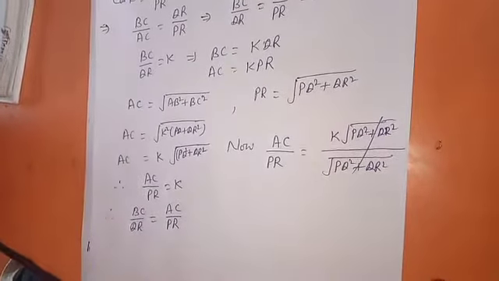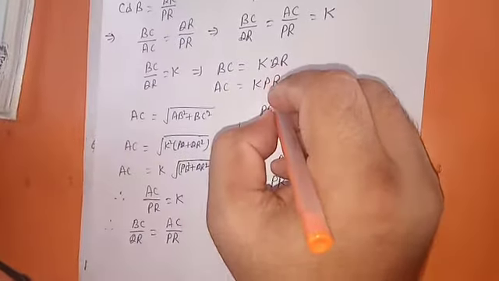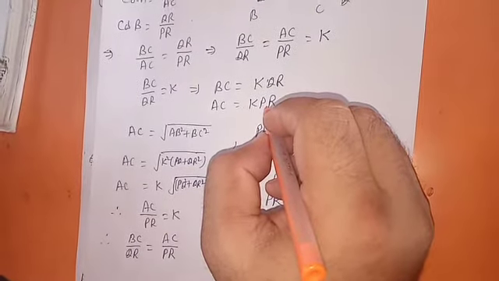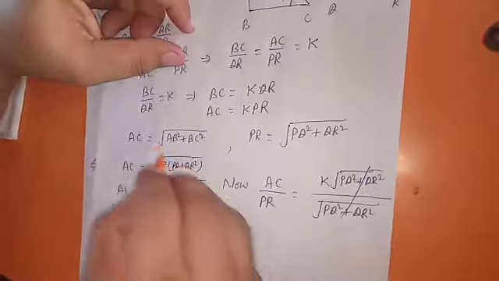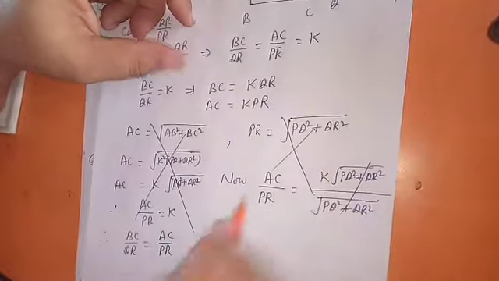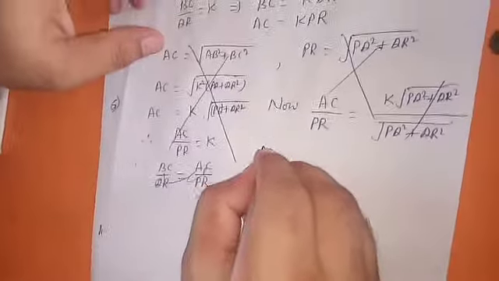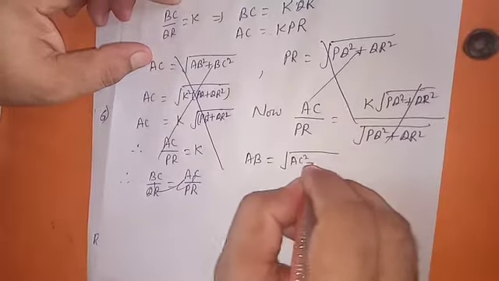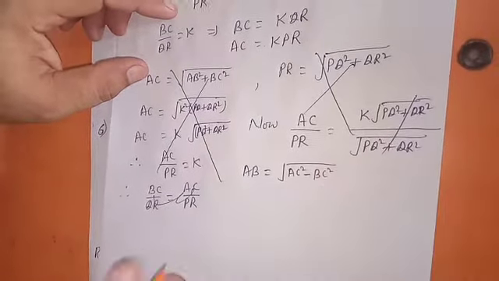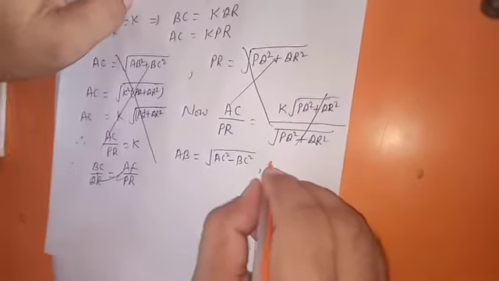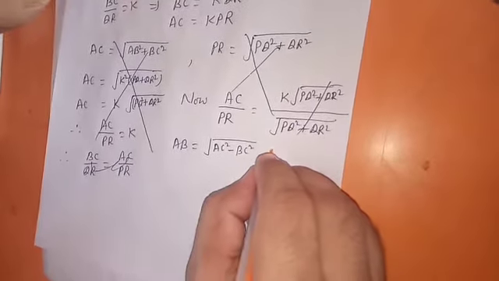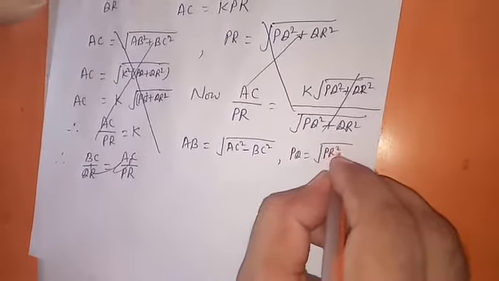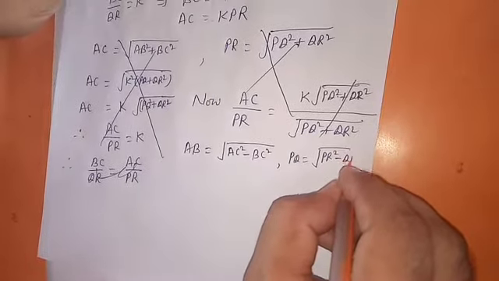Sorry, I wrote this wrongly. AC is already given, so what we have to find out is AB in place of this. Sorry, again I am telling this: AB we have to find out. So AB is equal to the root of AC square minus BC square. Understood? And PQ is equal to the root of PR square minus QR square.